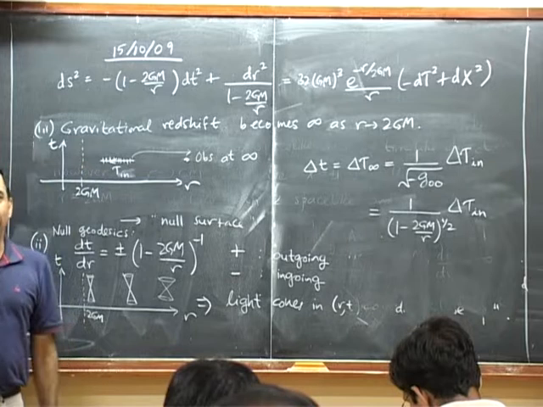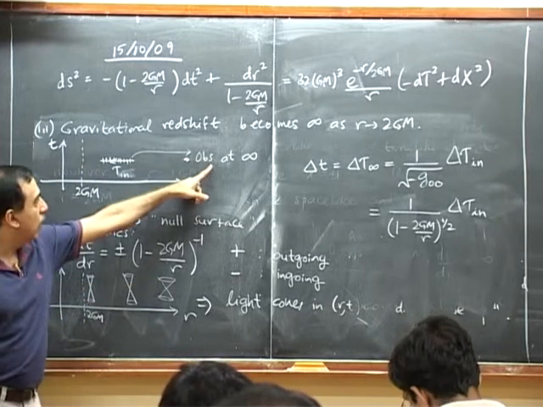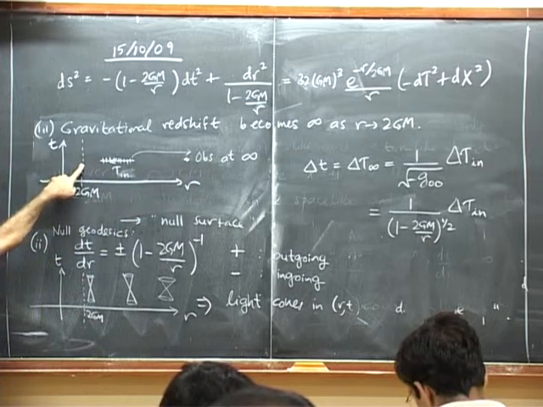But what does it mean that a gap of signals has stretched to infinity? It means this person will never see this person actually reaching 2GM.